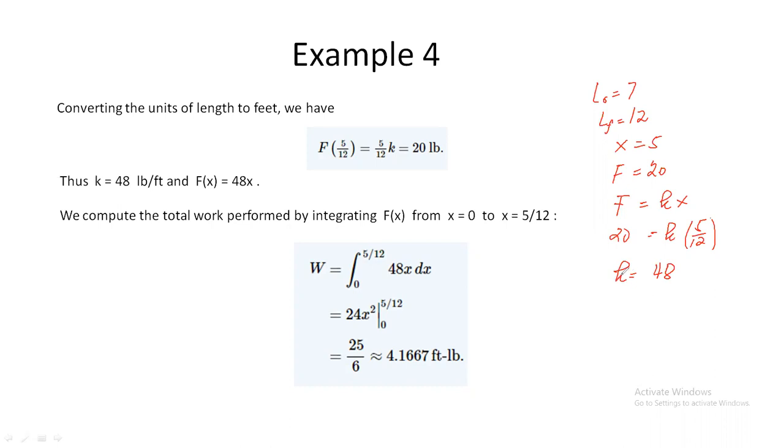With your K equal to 48, you go back to this original formula for the force in terms of spring work. So your force now is equal to 48x. And this is the same expression of the force that will be placed in your integral. This is your force, and this is the displacement. Now, the displacement is not displacement here in the case of spring work, but the change in the length of the spring.